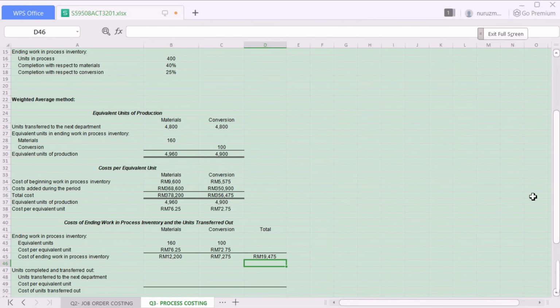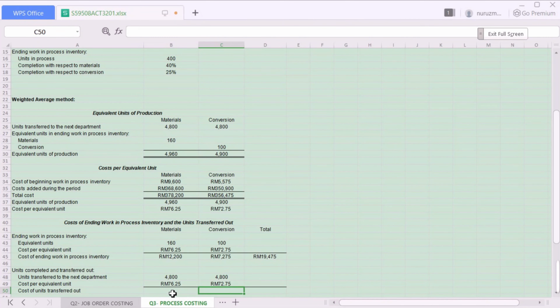And the total cost of ending work in process, materials plus conversion, equals 19,475. Units transferred to the next department for materials is 4,800. Same goes with conversion, 4,800. Cost per equivalent unit, 76.25 ringgit, and for conversion 72.75 ringgit.